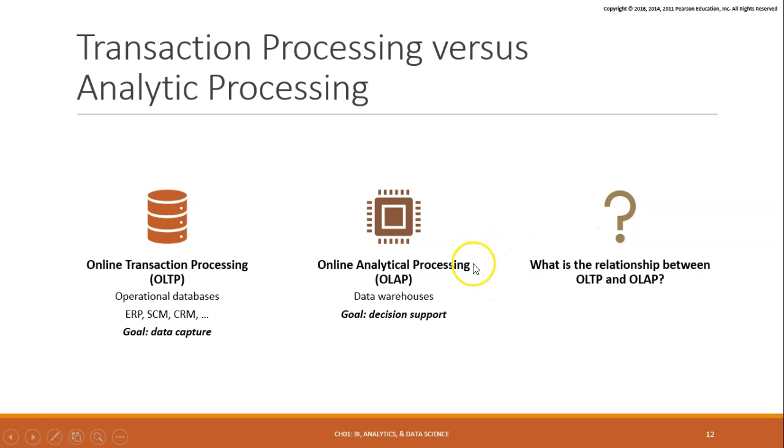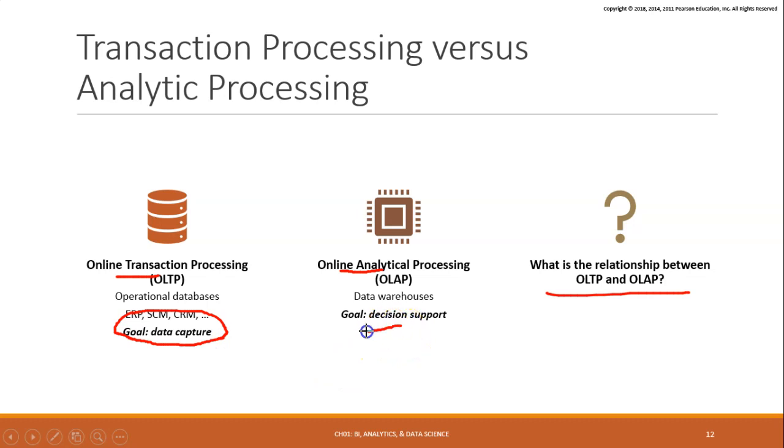So we have different types of processing when it comes to data. Very much you're going to hear things like online transactional processing and online analytical processing. And we're going to ask the question, what's the difference between the two? Well, from a more basic sense, transactional processing is to capture data.